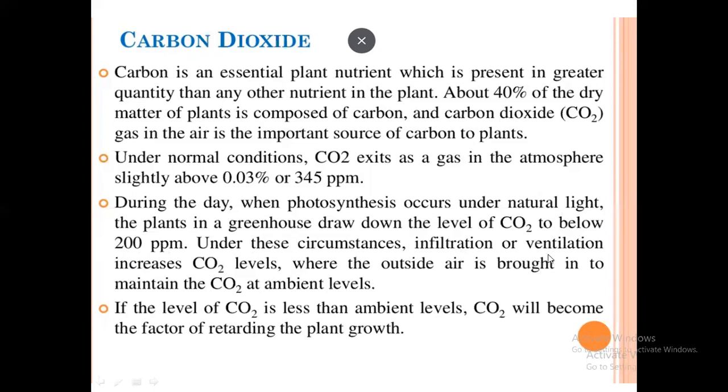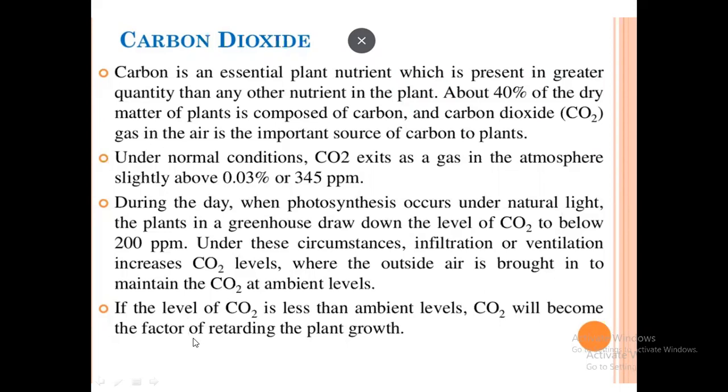ventilation is needed, because the CO2 concentration in the ambient air is slightly higher, and that is why natural air is introduced into the greenhouse structure. If the CO2 gas is less than the ambient level, meaning there is a deficiency of CO2 in the greenhouse air, this condition may retard plant growth.